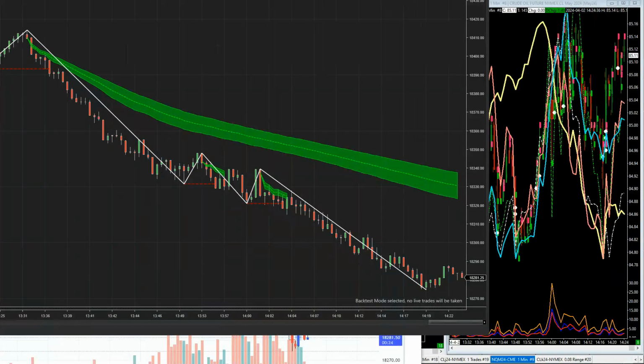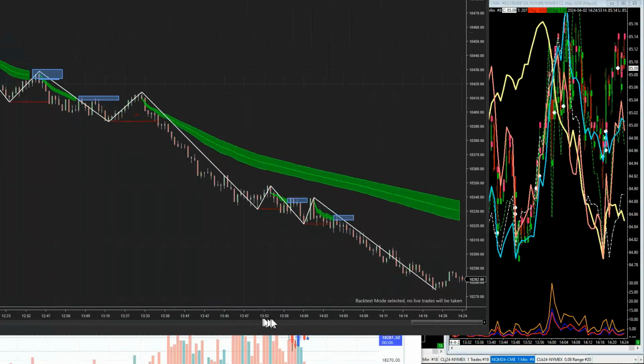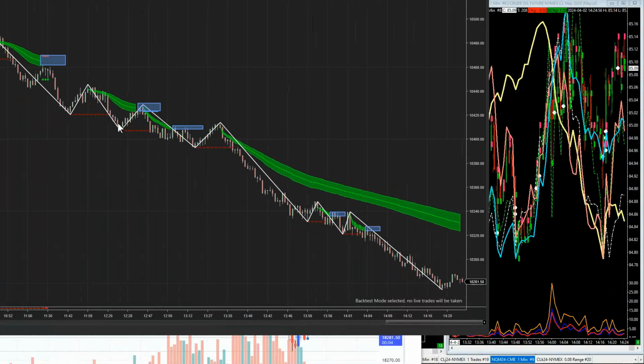Now, the one thing about this, and this is the reason why it's interesting, is that it's not just a bit of software that highlights these areas. It's a bit of software that you can actually get to trade for you. So in other words, this software, if I understand it correctly, would have sold here for you.